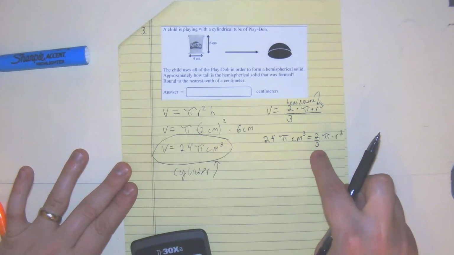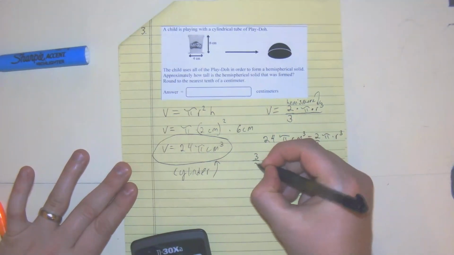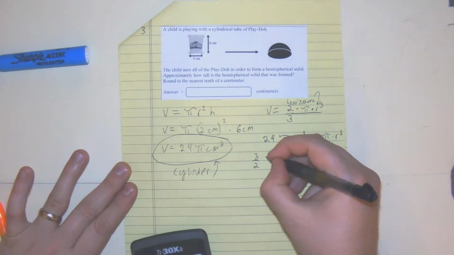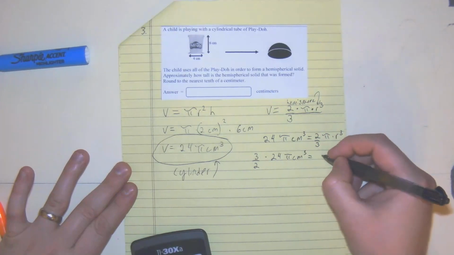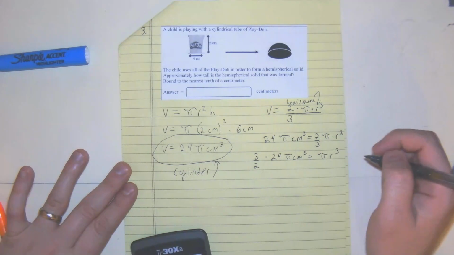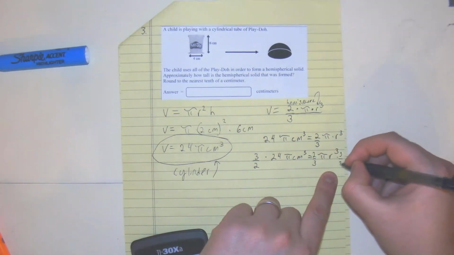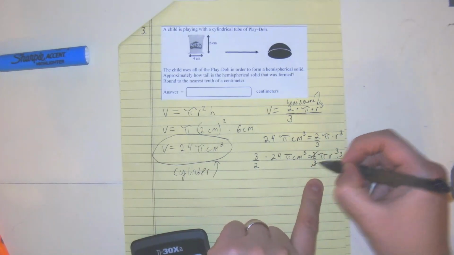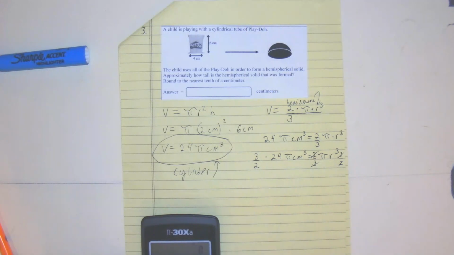I'm going to first take the reciprocal of 2/3, 3/2, to both sides, times 24 pi centimeters cubed equals pi r cubed. 2/3 times 3/2: the 2 cancels with the 2, the 3 cancels with the 3. When we do the reciprocal, 24 times 3 would be 72, and 72 divided by 2 is 36.